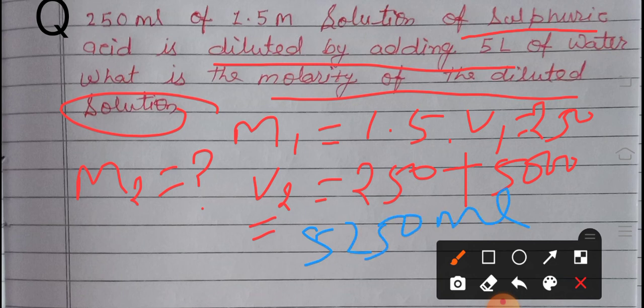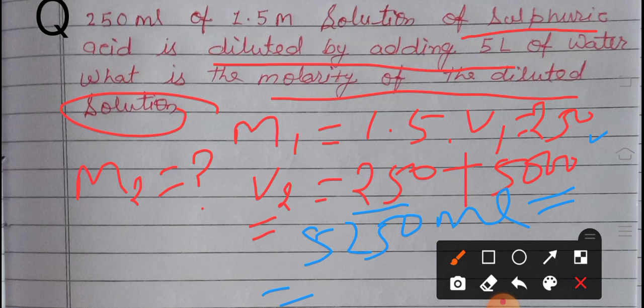Now we apply the molarity equation, M1 V1 equals M2 V2. We repeat again. M1 equals 1.5, V1 equals 250 ml, M2 equals question mark, and V2 is the total volume of the solution. Total volume of the solution equals volume of the solute 250 plus volume of the solvent 5 liter, that is 5000 milliliter. We got 5250 milliliter.